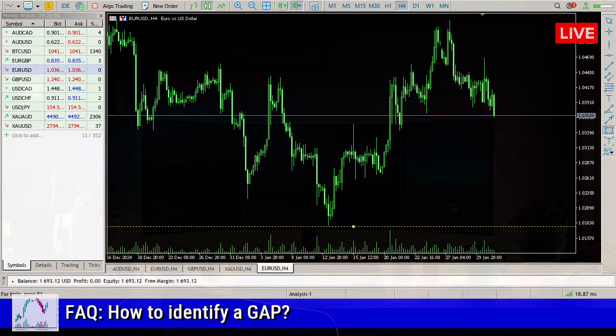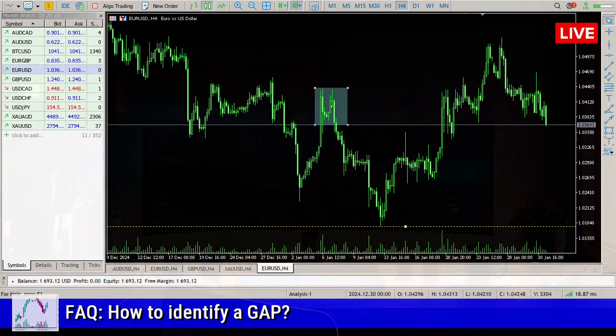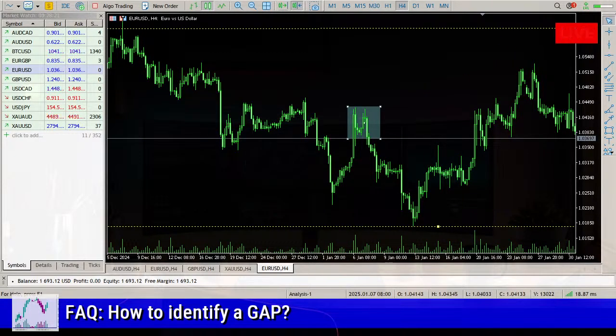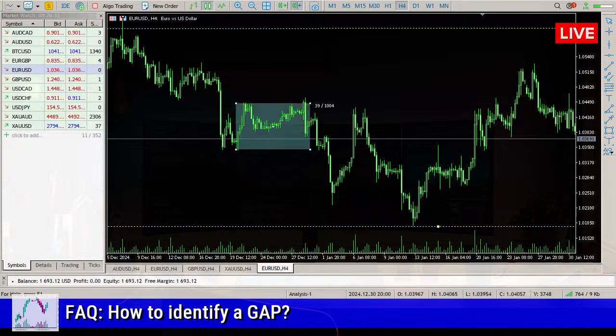For example, here, this is a small range, but in a 4-hour chart, we have to identify the market range available here. Market range is the range where the price usually accumulates. We got this one, for example.